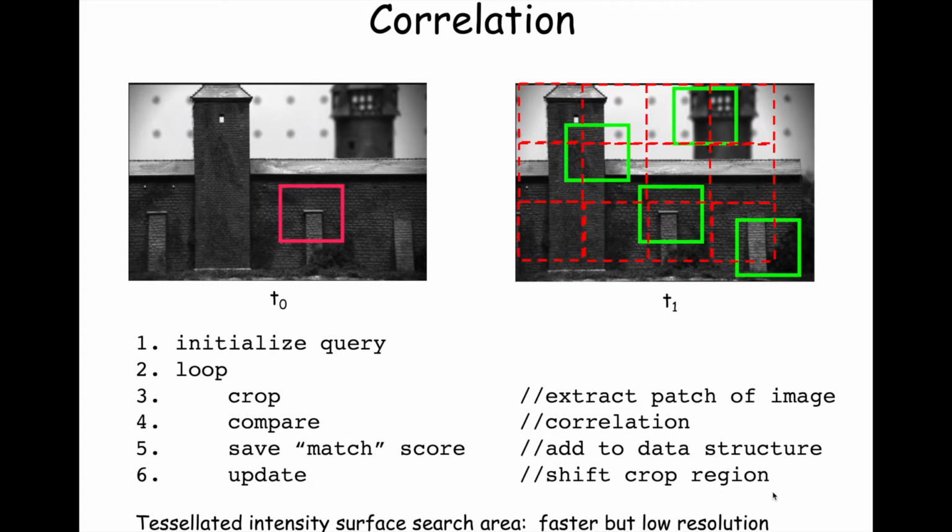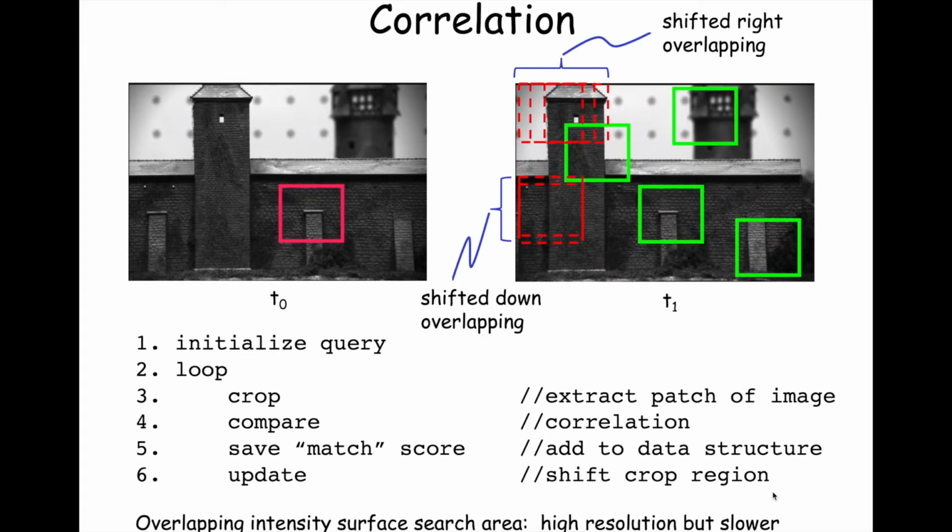On the flip side, instead of tessellating the image at T1, you could slide that search window one pixel at a time. Right? That's the smallest way you can update your search region at T1. And if you do that, absolutely, you will get very fine-grained resolution, meaning that you can capture precisely where that object depicted in the search region moved.